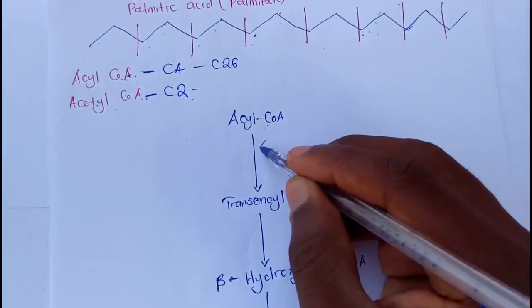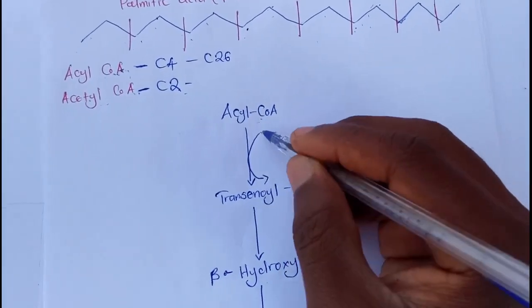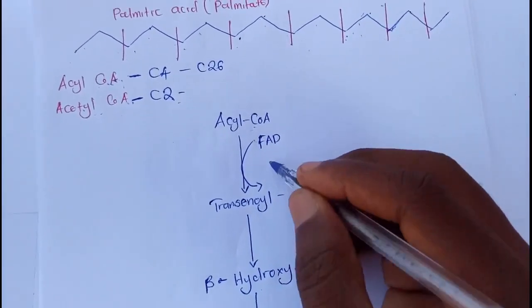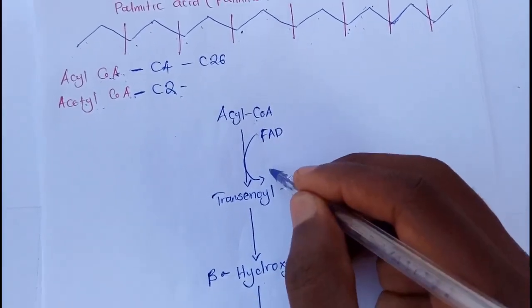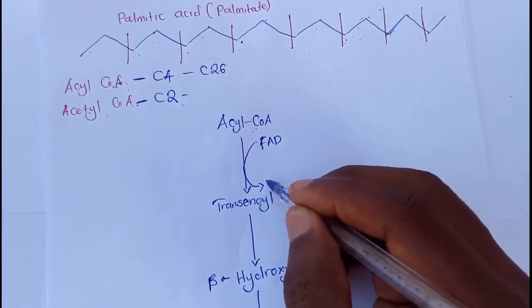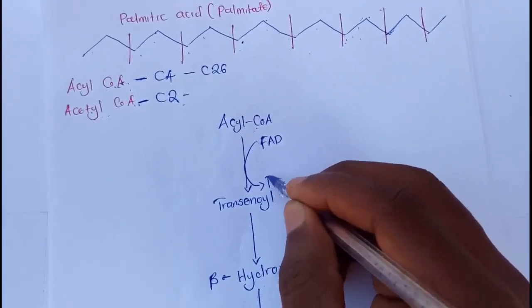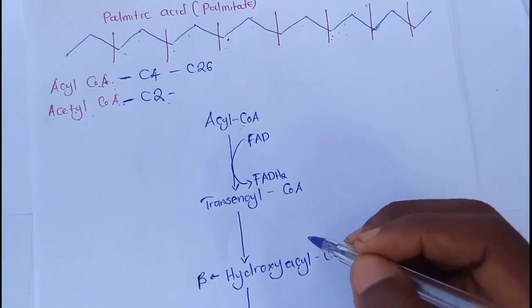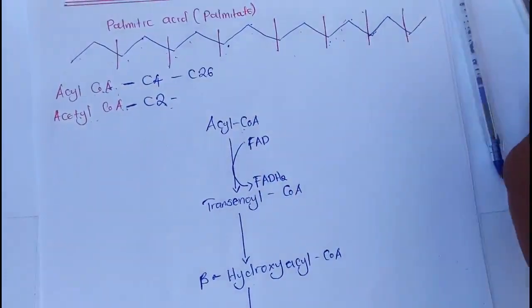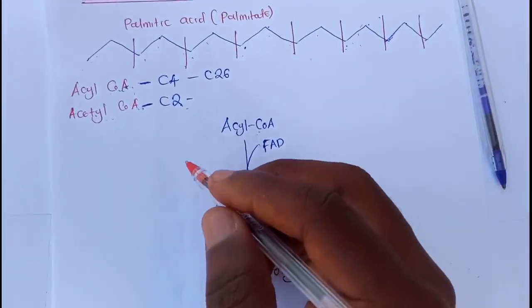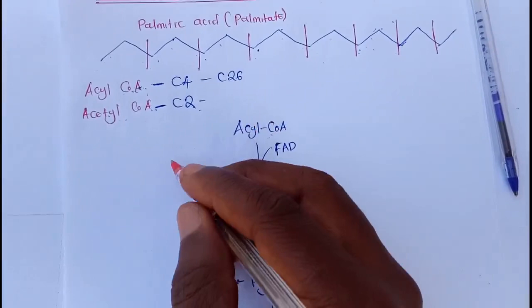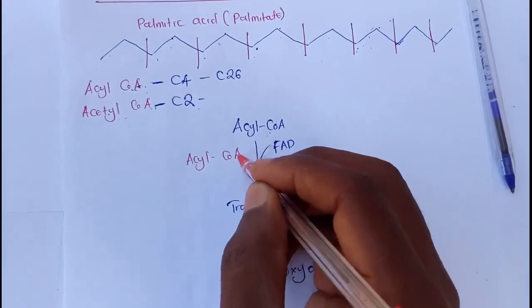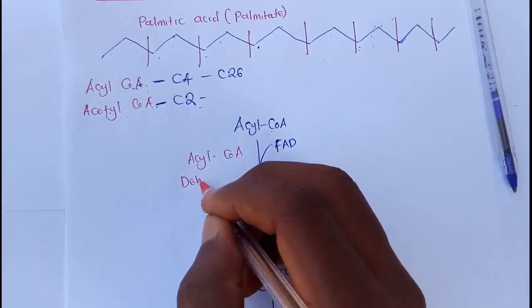In this case, we have FAD, and when it receives those 2 hydrogen atoms, we will form FADH2. Since we have formed FADH2, we need to establish the enzyme. For the enzyme, we just get the name of the substrate, so the enzyme will be acyl CoA dehydrogenase.